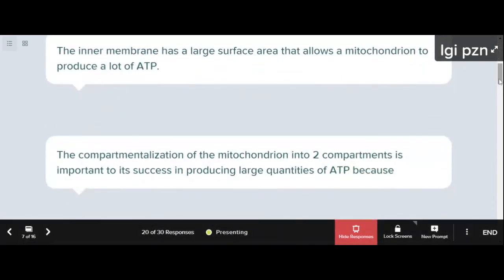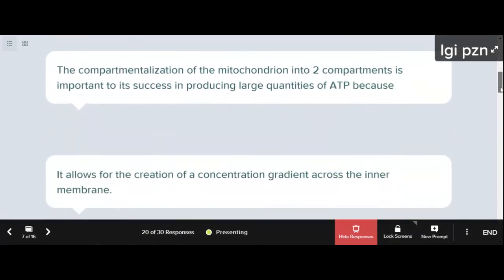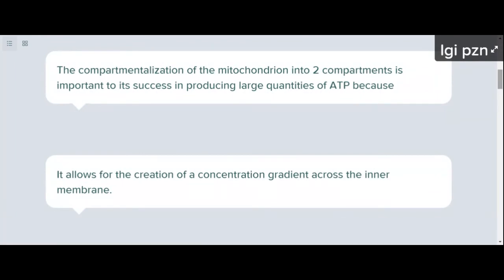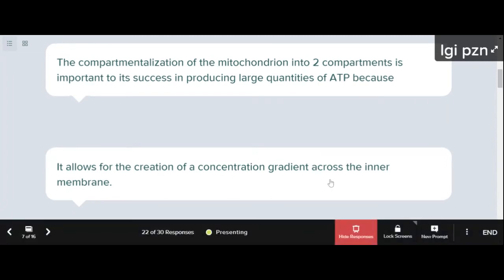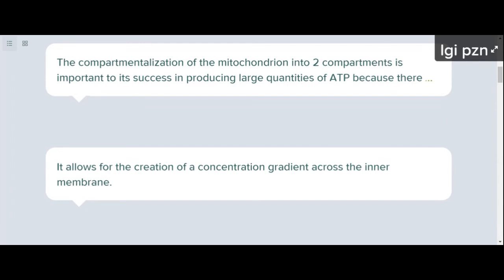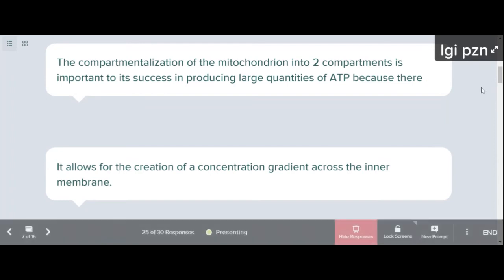Surface area sort of has something to do with it, but it has more to do with the different chemistry on either side of the membrane. It has to do with the concentration. Yeah, there we go. Concentration gradient. That's it. You'd probably get most of the point from just saying because it creates a concentration gradient, because there's more of something on one side than there is on the other, right?